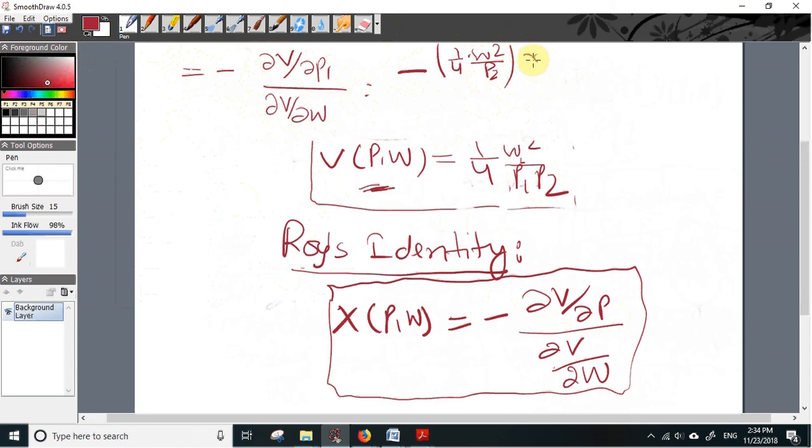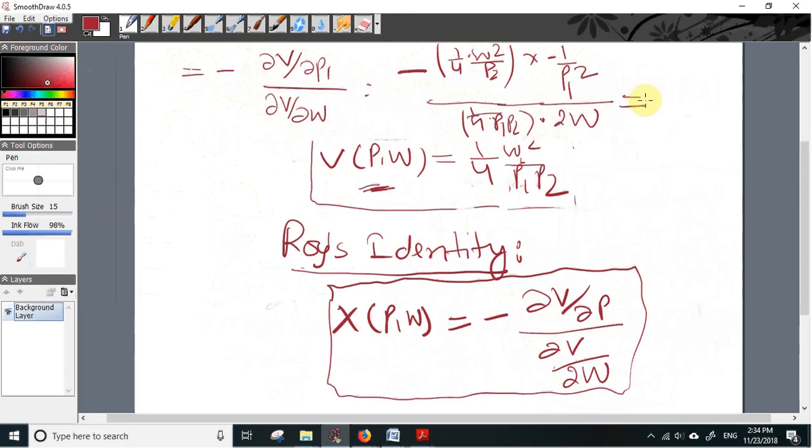So this is minus 1 over P1 square, divided by the derivative of V with respect to W, which is 1 over 4 P1 P2, a constant coefficient, and the derivative of W square is 2W.